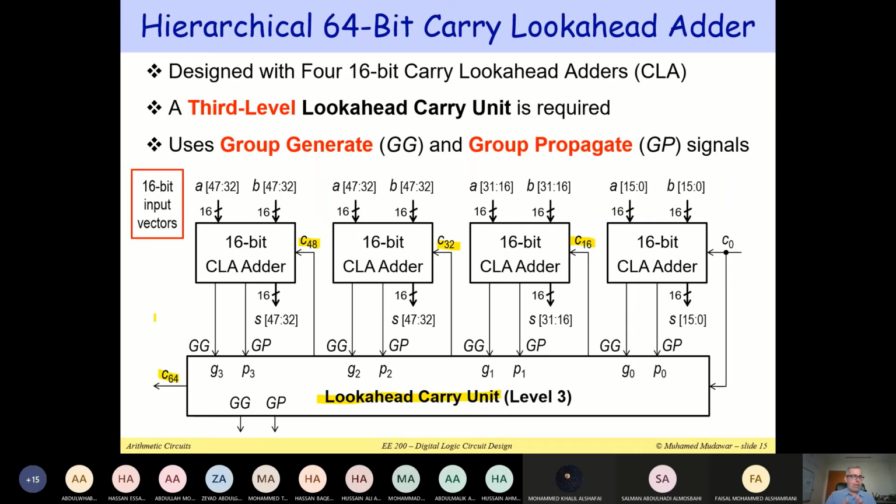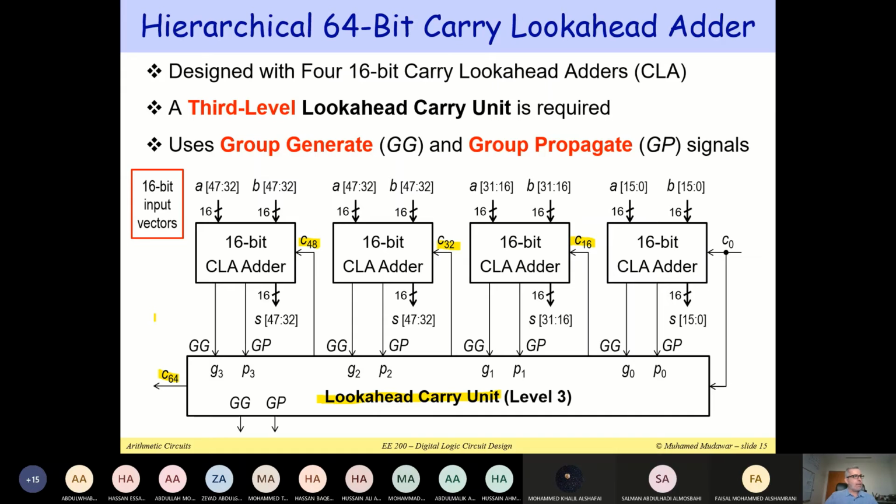Rather than propagating the carry from one full adder to the next, which will take a long time to produce the final sum bit and the last output carry, you can do it much faster using a look ahead carry unit, and you can have it hierarchical at different levels. Fine. So that's it about the carry look ahead adder.